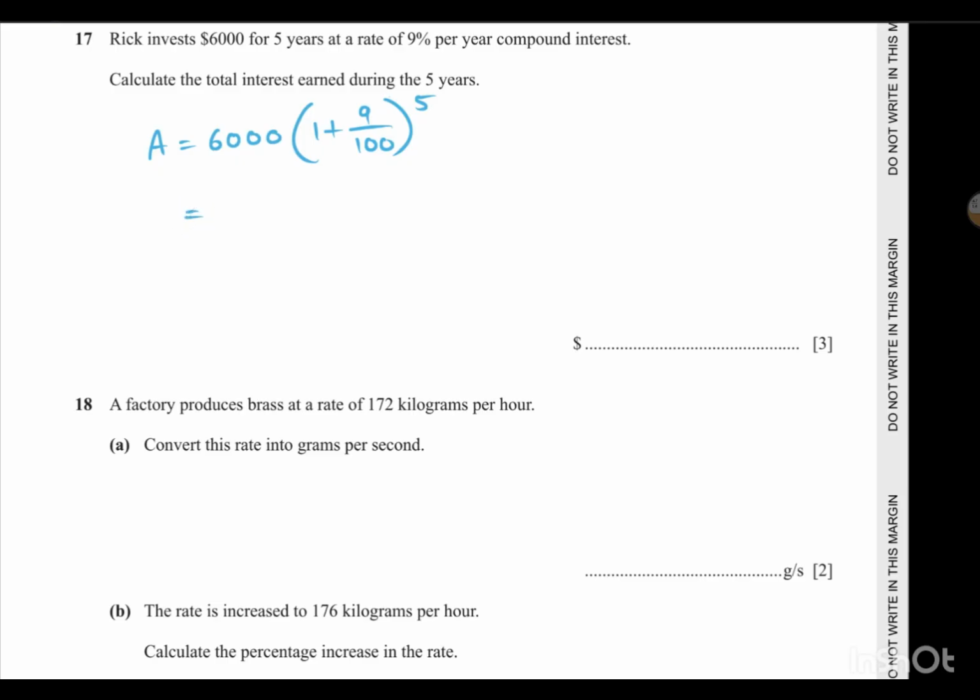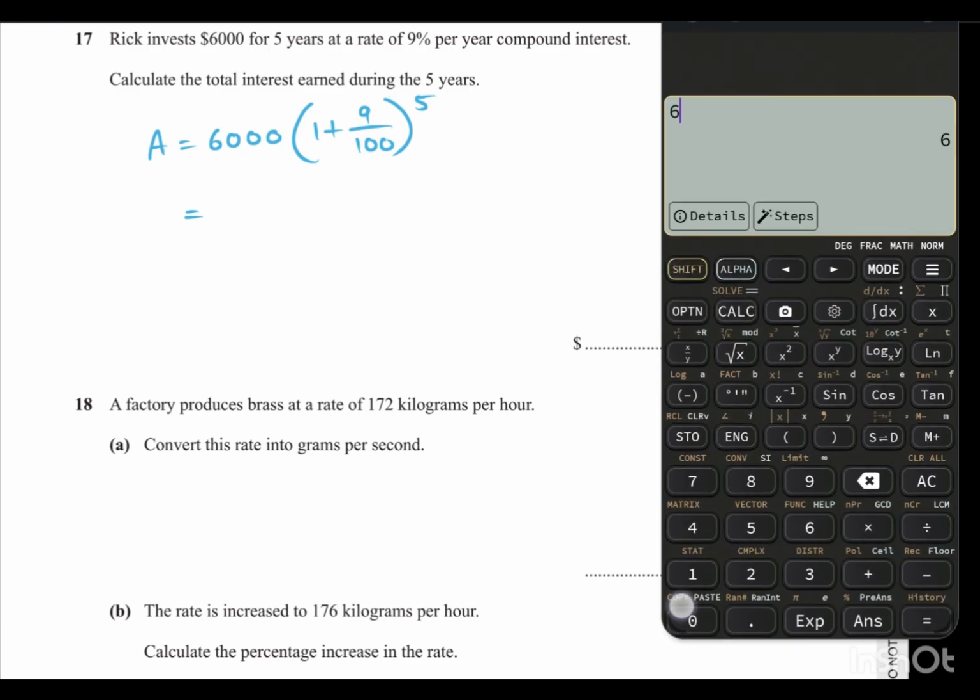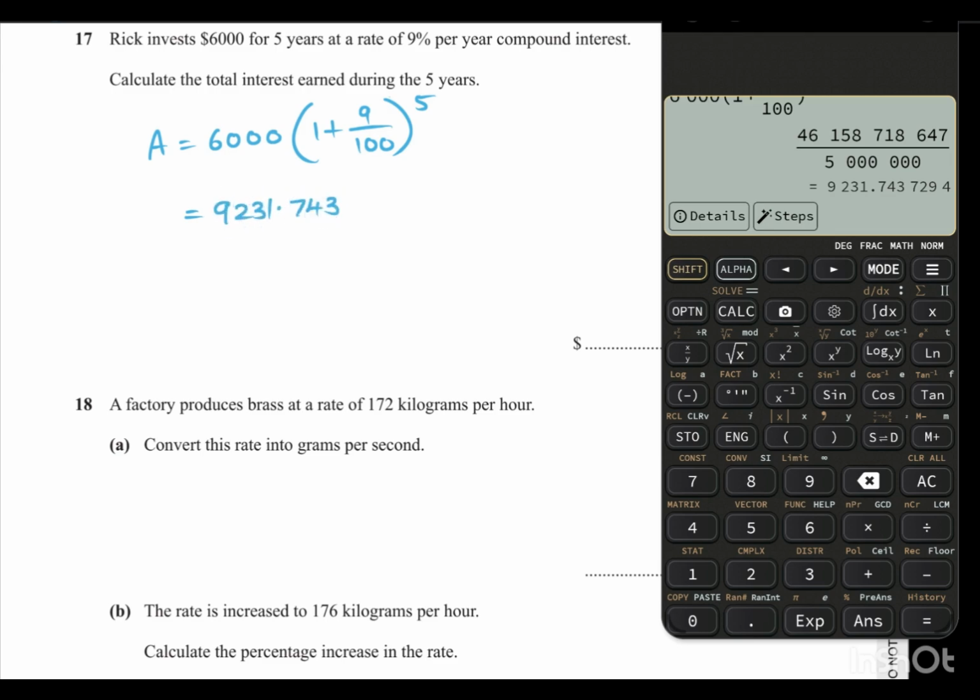So find out the amount first using the calculator. 6000 into 1 plus 9 by 100, whole raised to 5. 9231.7437294.